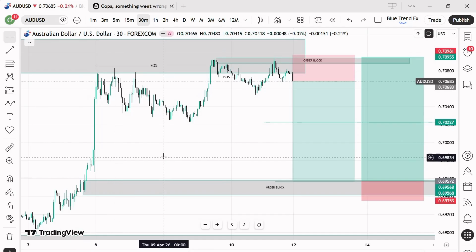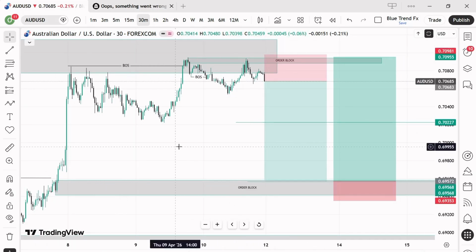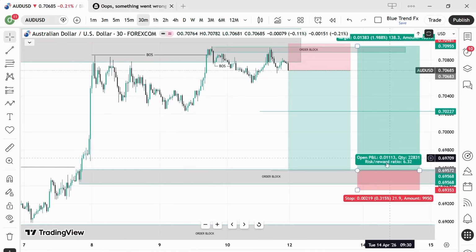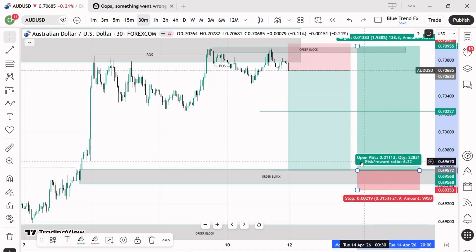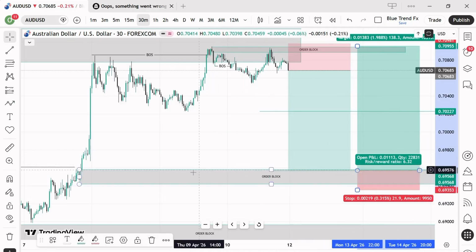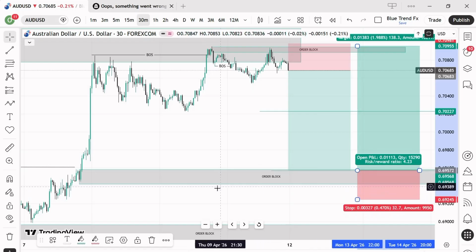So that is all I'm going to be sharing on AUD/USD for now. This buy is going to be based on confirmation. If this level fails, better for us to have our SL right here.